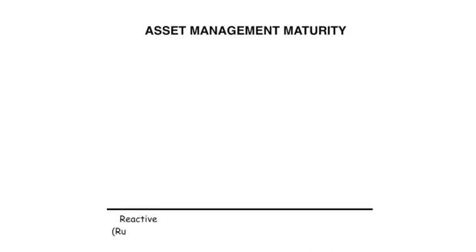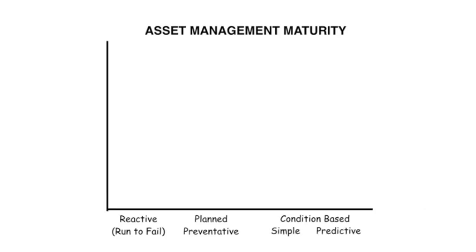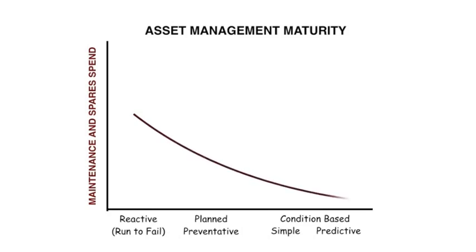Here is a typical consultant's diagram, which indicates how operational costs will fall as your organisation matures from a mainly run-to-fail and preventative maintenance strategy into a condition-based or further into a predictive maintenance strategy. However, there is a cost to do this.